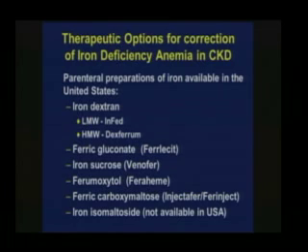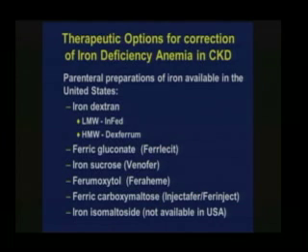So we now move on to the next part of my talk, which is how do we treat iron deficiency anemia. The IV iron that I referred to a few minutes ago was, of course, gluconate, but there are several options available right now. We have iron dextran, both the low molecular form and the high molecular form.